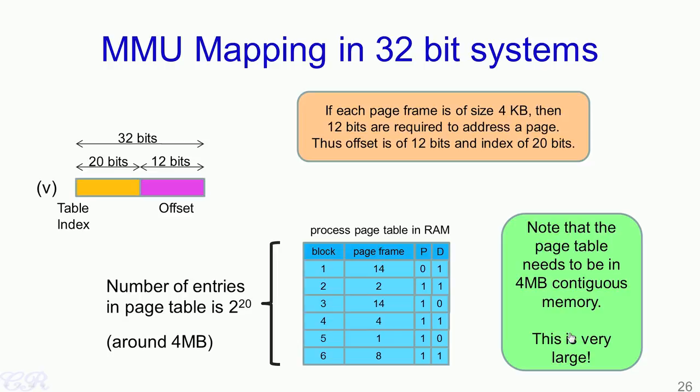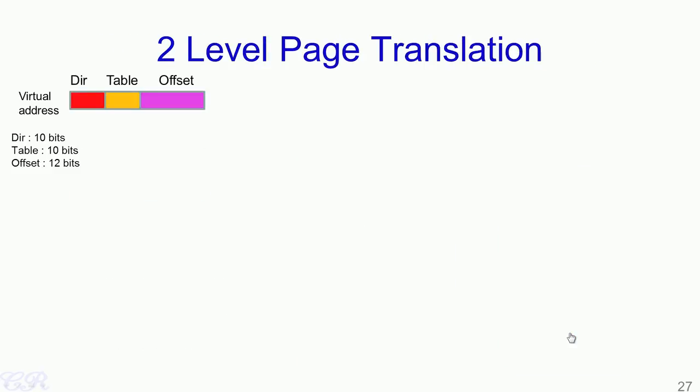So, what some systems do, especially the Intel systems, is to have two level page translation. Essentially, instead of having just a table and offset for the virtual address, now we have three components in the virtual address. We have a directory entry which is of 10 bits, a table entry which is also of 10 bits, and the offset which as usual is of 12 bits.